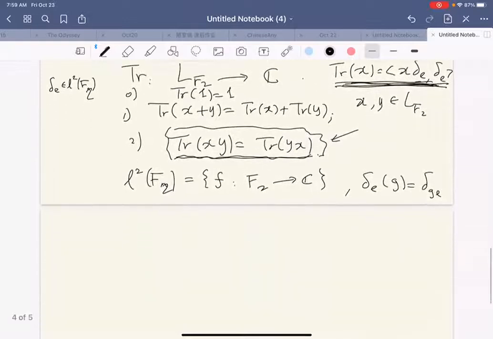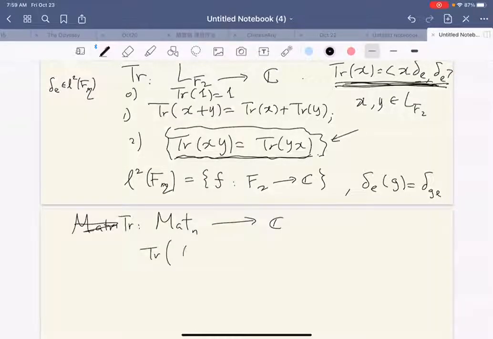Since I talk about the trace, maybe some of you are familiar with the trace we learned from linear algebra. Recall that if you have matrices of size n, there is a trace from the matrices to C, and the trace of a matrix A_ij is just the sum of the diagonal. But notice my trace is normalized, so the trace of the identity is supposed to be 1, so we divide by n.